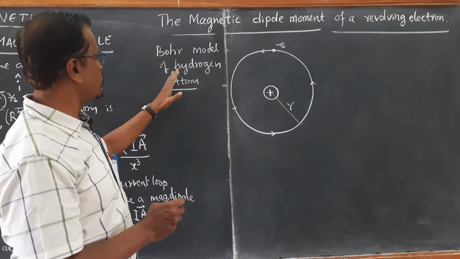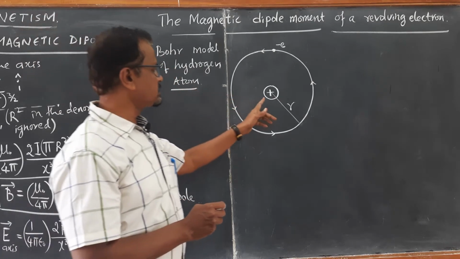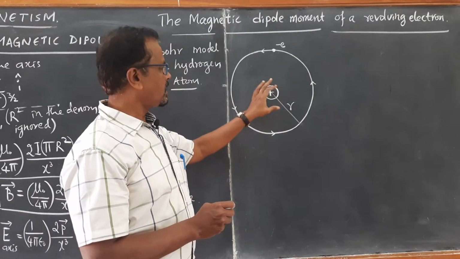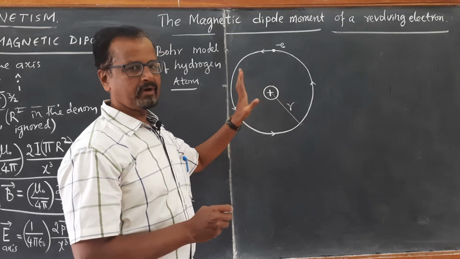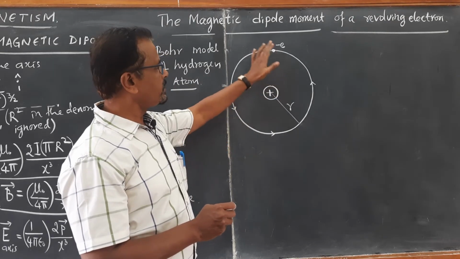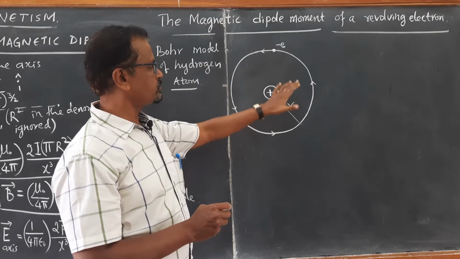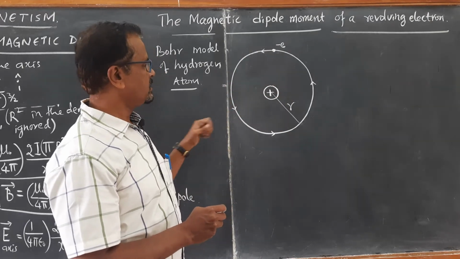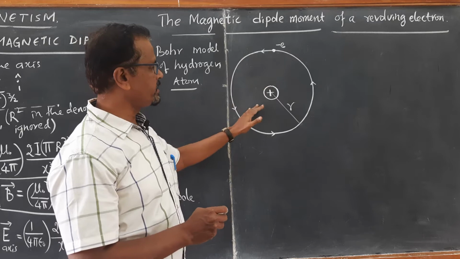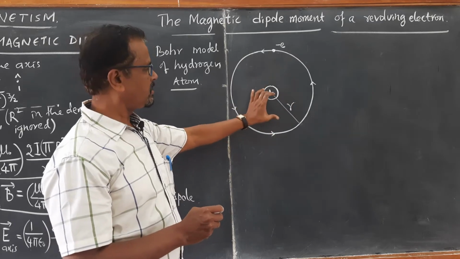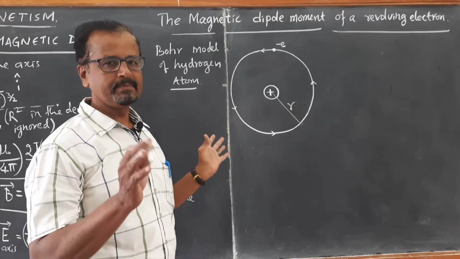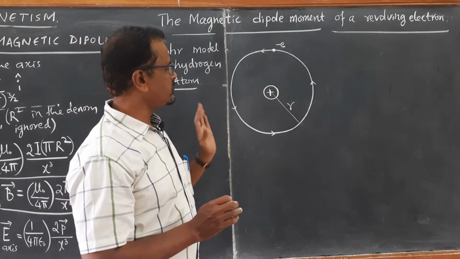At the center there is a nucleus which has one proton for hydrogen, and the one electron of hydrogen revolves in its own fixed orbit, right. Let us say the electron is revolving in a simple circular orbit of radius r.